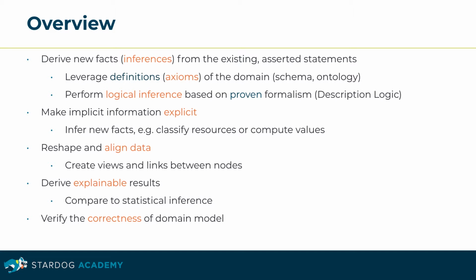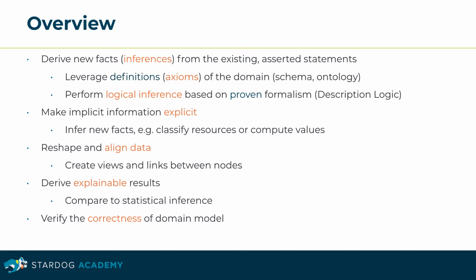Logical inference makes implicit information explicit, for example by classifying resources based on their attributes or computing new values. Inferences may create views of data to align it across applications or links between previously unconnected nodes.